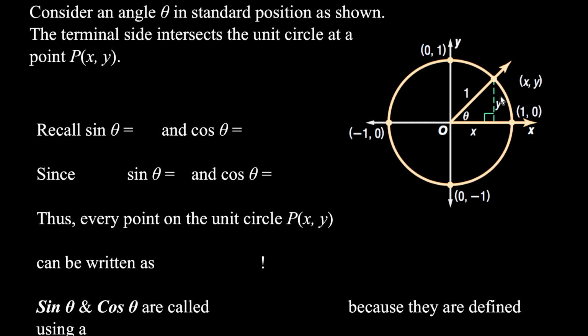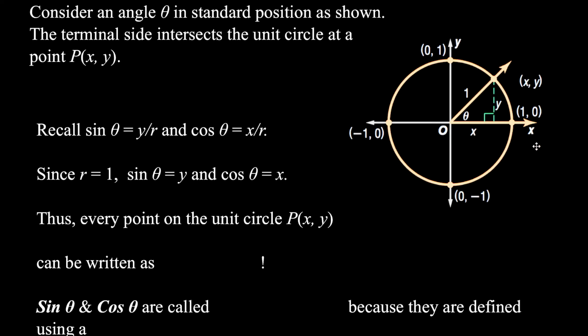Well, we already know from SOHCAHTOA and from our definitions of our trig functions that sine is opposite over hypotenuse, so it's y over r. And the cosine is the adjacent over the hypotenuse, so that one is x over r. But r is equal to 1. And so we can just say if r equals 1, then the sine of theta is just y and the cosine of theta is just x.